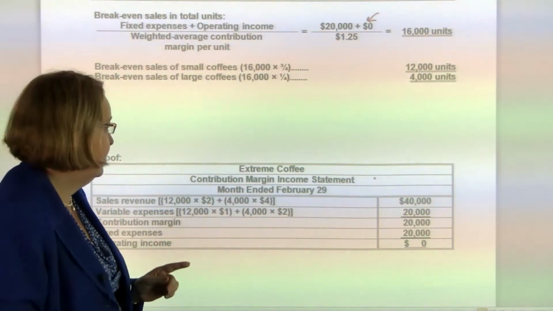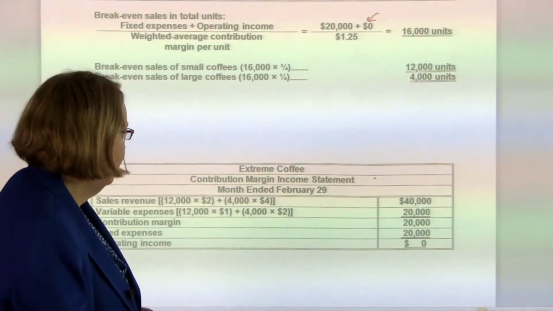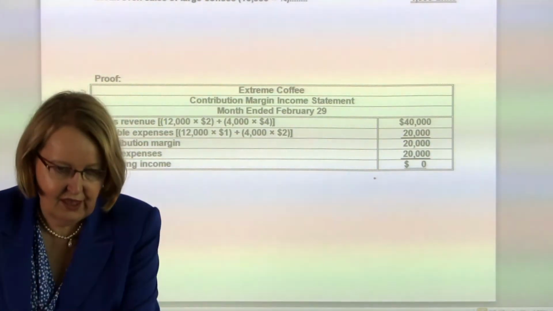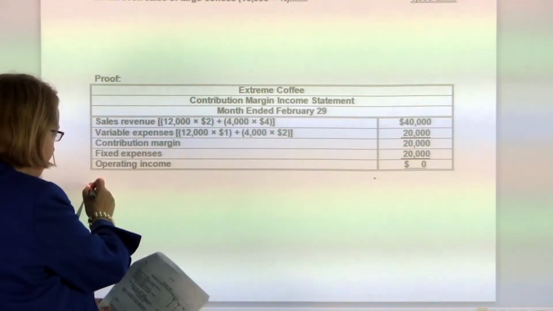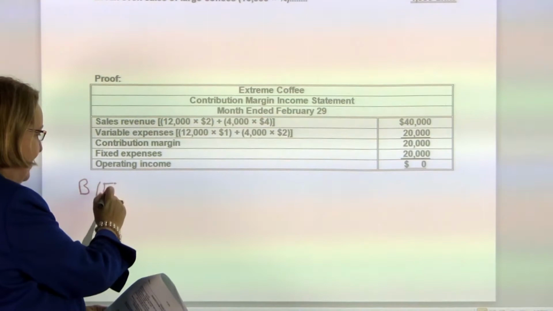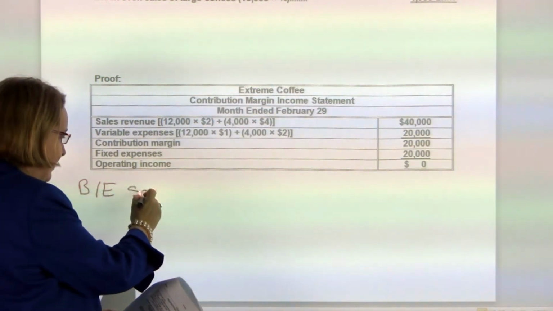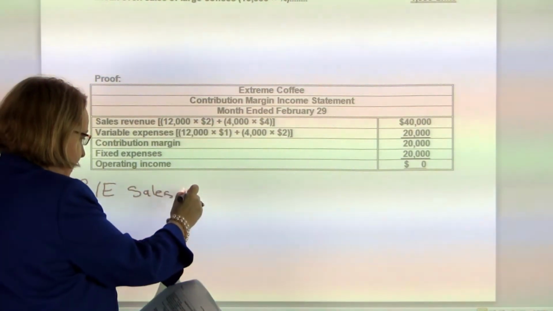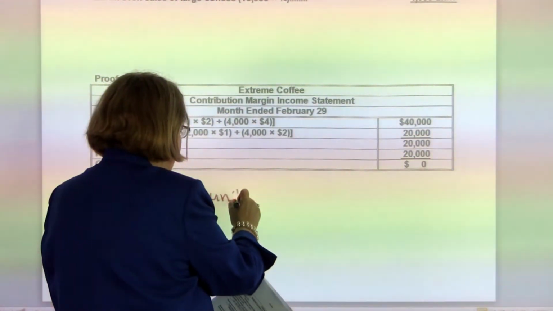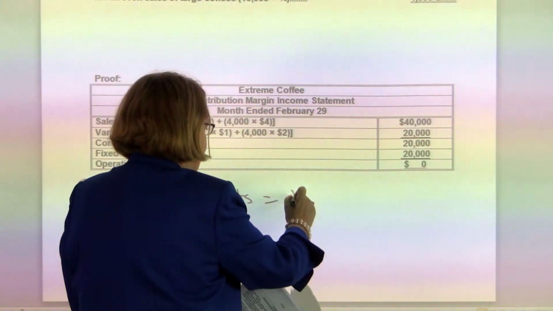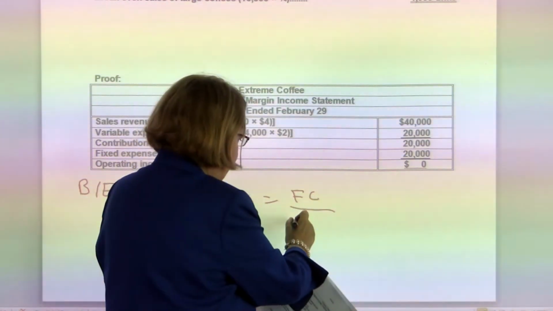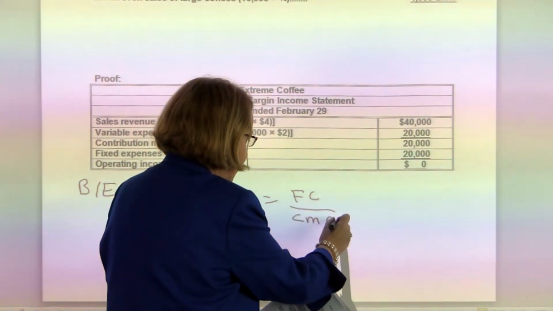Now there is one point to note here, and you've seen now a couple of break-even calculations. One thing to be aware of is when you're looking for break-even sales in terms of units, you will have your fixed cost divided by the contribution margin in dollars.